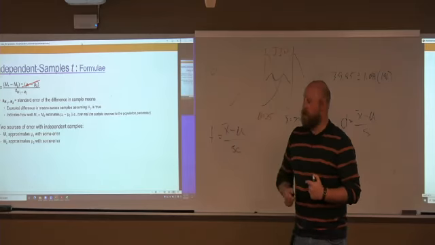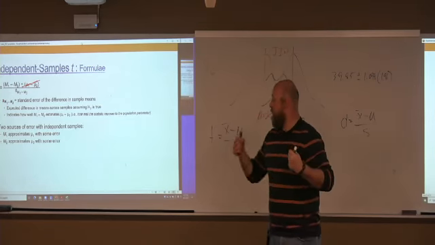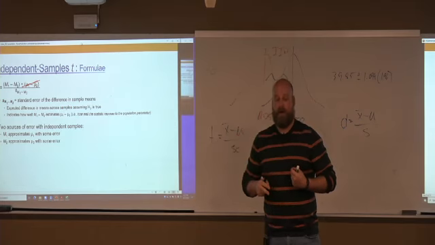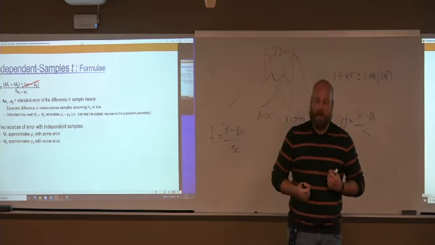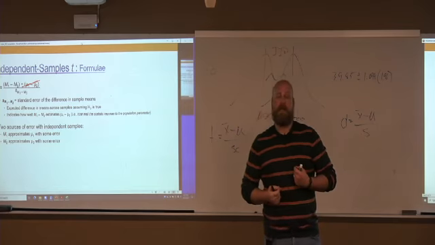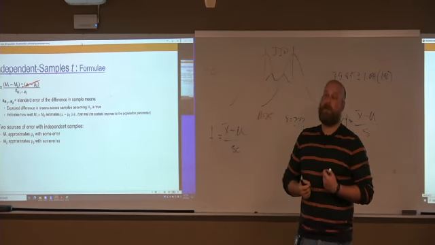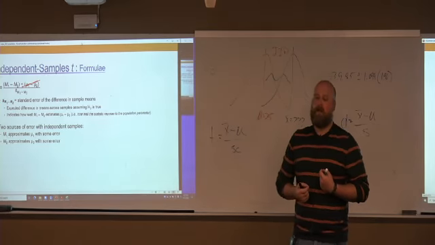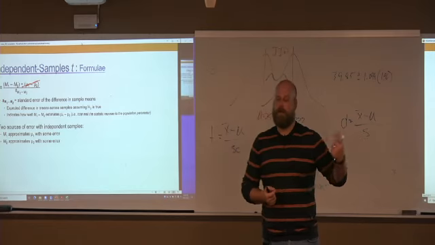Now the problem is that when I'm sampling from two independent populations, I've got two sources of error. Haley, I'm going to pull my sample from population A, and my sample mean is 46. How confident am I that that perfectly represents the mean of the population? I'm not. There's going to be some error there.